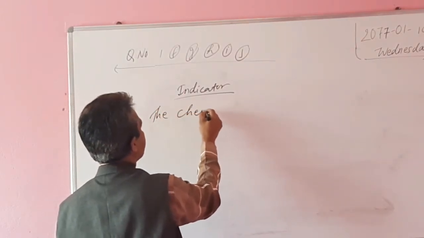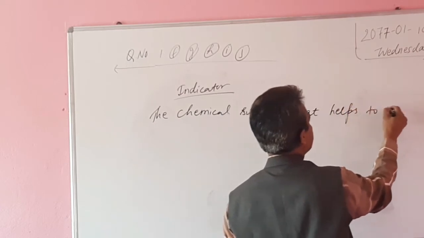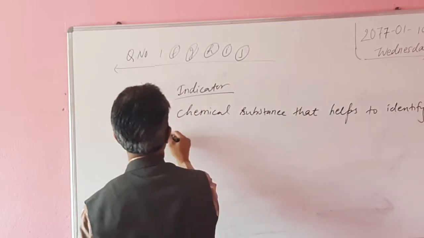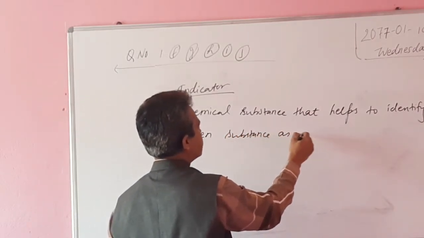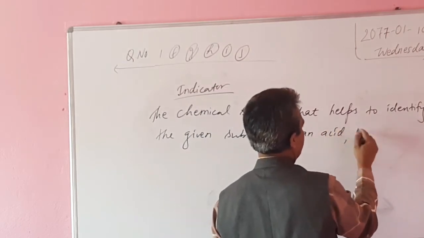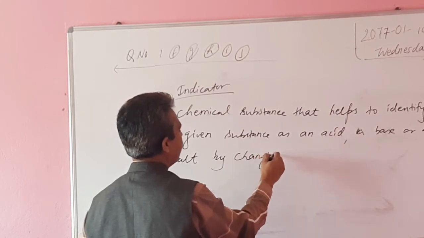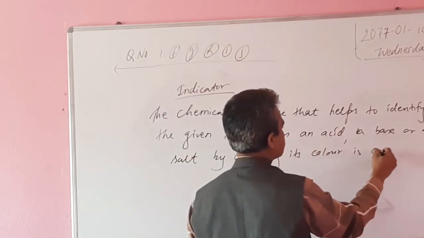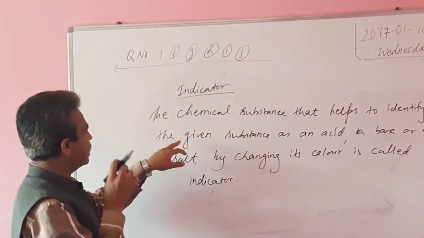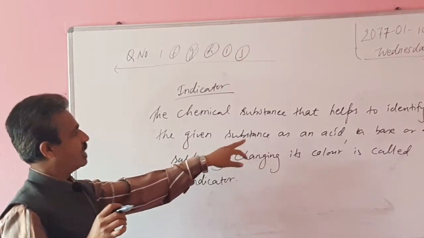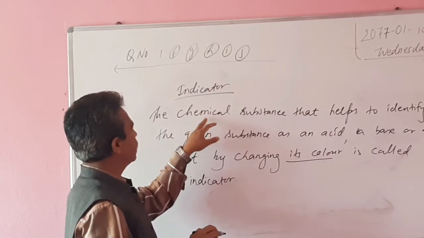The chemical substance that helps to identify the given substance as an acid, a base, or a salt by changing its color is called an indicator. Whose color is changed, the acid, base or salt, or the chemical substance?